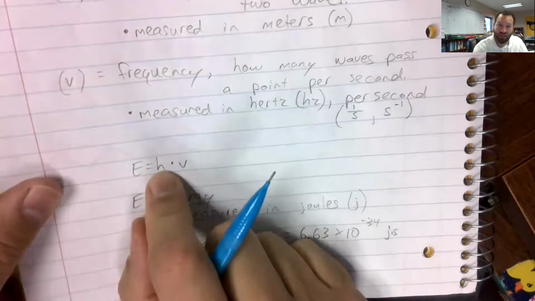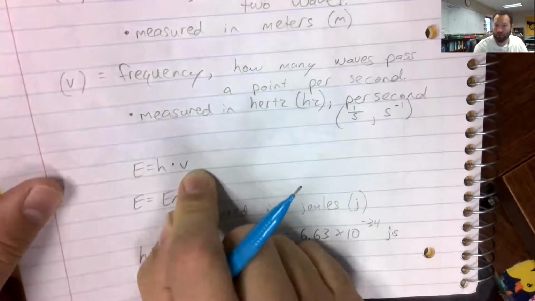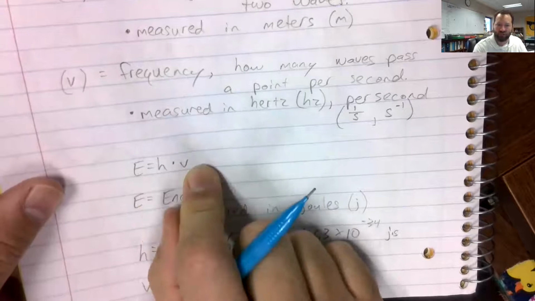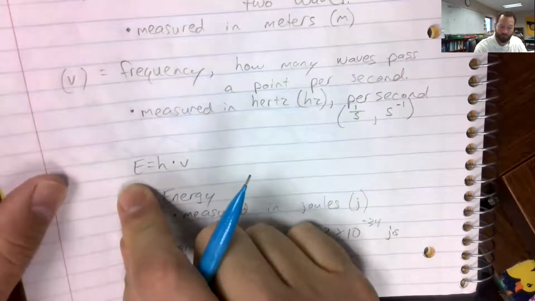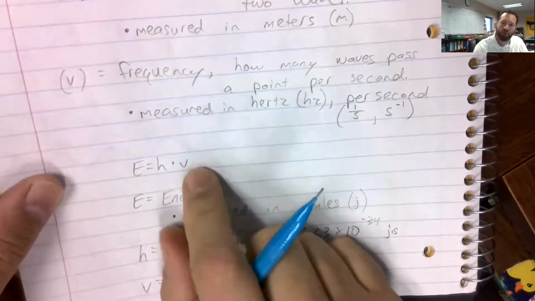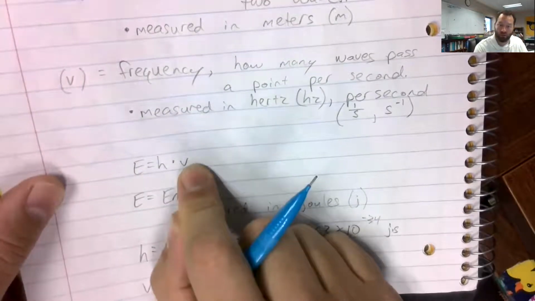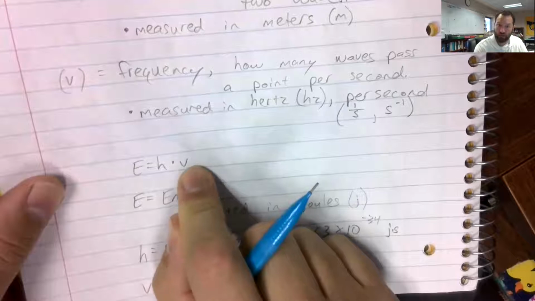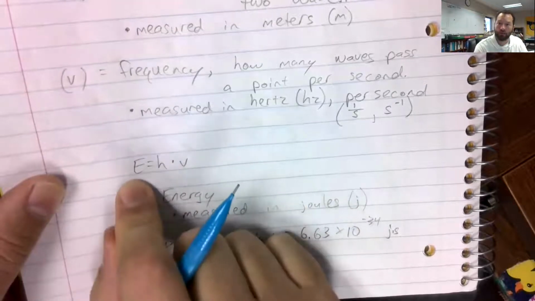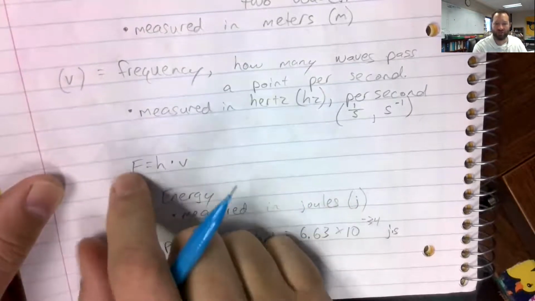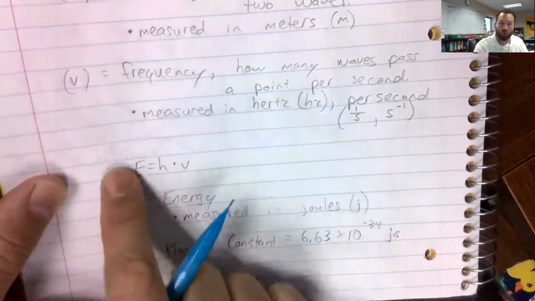Let's call H 10. We'll call V 5. Okay, if H is 10 and V is 5, then E is 50. What happens if I bring V up to a 10? Now, so from 5 to 10, 10 times 10 is 100. Your energy goes up. So when your frequency goes up, your energy goes up.